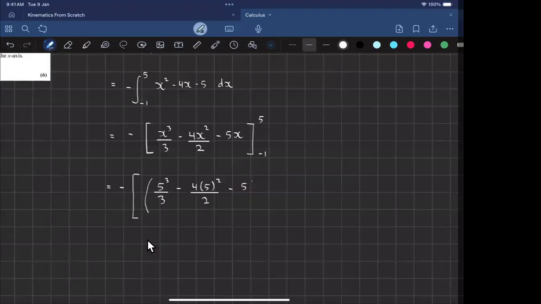Minus 5 by 5. So we have that minus 1 cubed all over 3 minus 4 times minus 1 squared all over 2 minus 5 times minus 1.